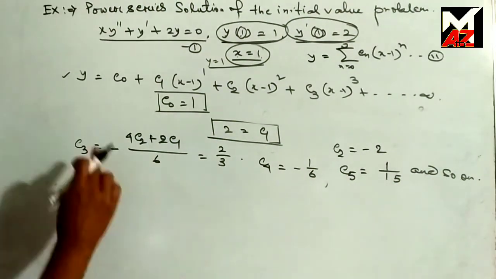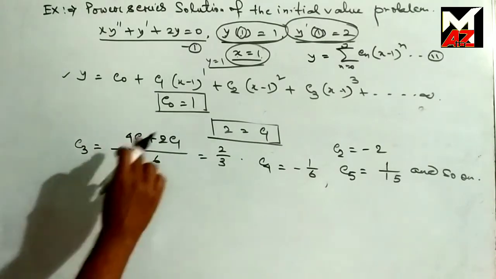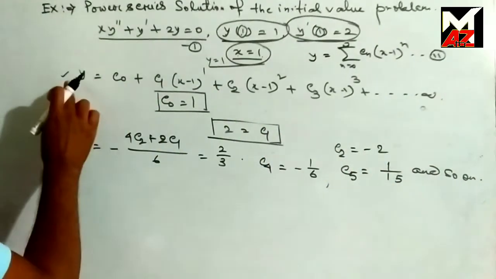We put the value of C0, C1, C2, C3, C4, C5 and so on in 2.